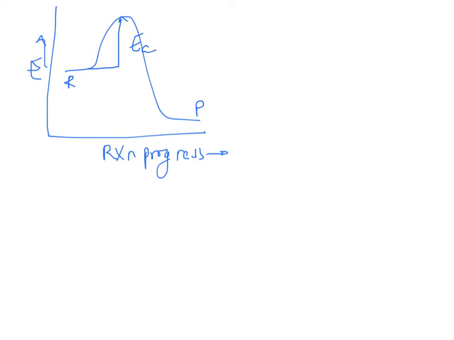As the molecules go from the reactant side over to the product side, they go through a phase of bond breaking and bond formation, which generates what is called the transition state or activated complex, either of the two.